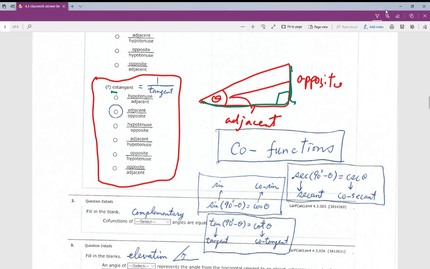And if I talk about the other angle, 90 minus theta, then this becomes opposite, and this becomes adjacent. So the fractions will be just reciprocal to each other.